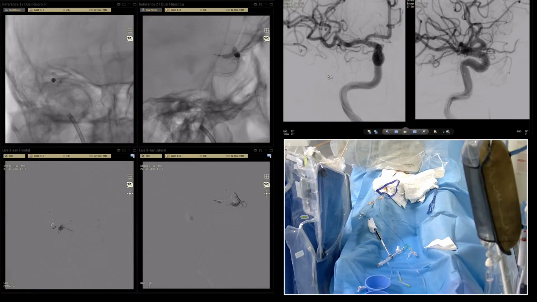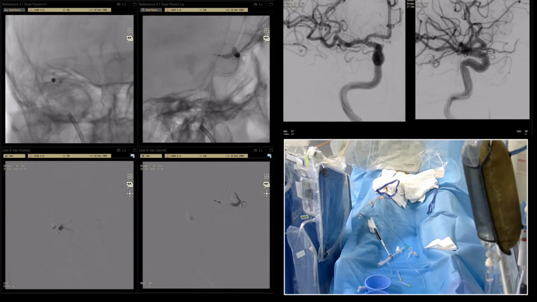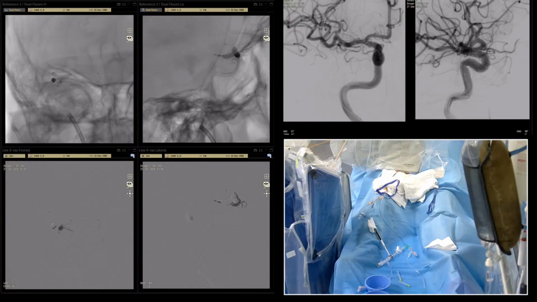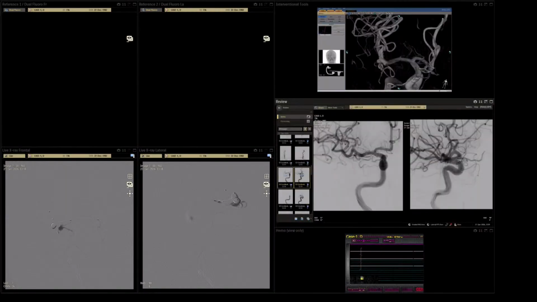Will it stop or not? I'm not sure. Should we place a flow diverter stent? I'm not sure.